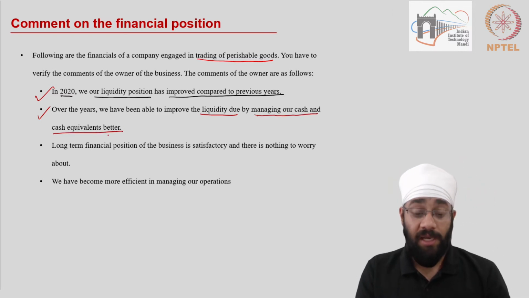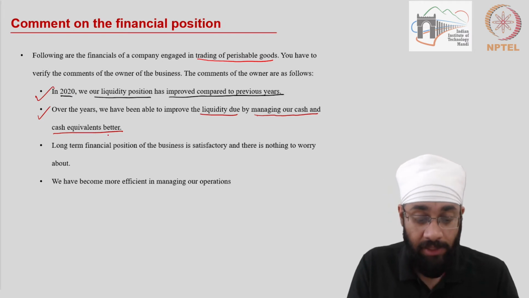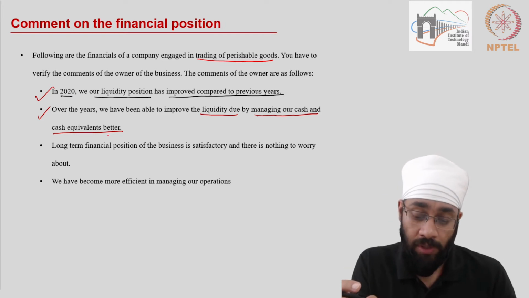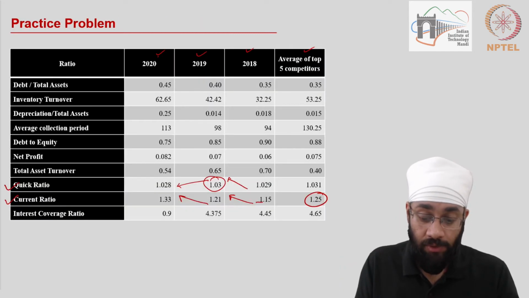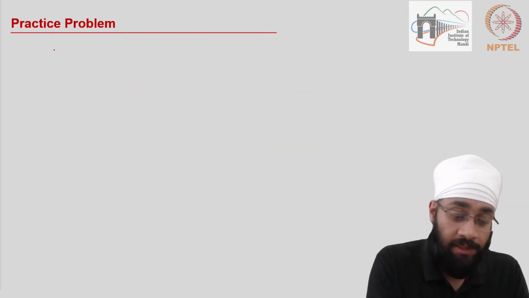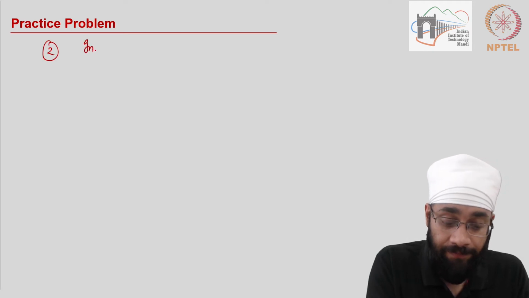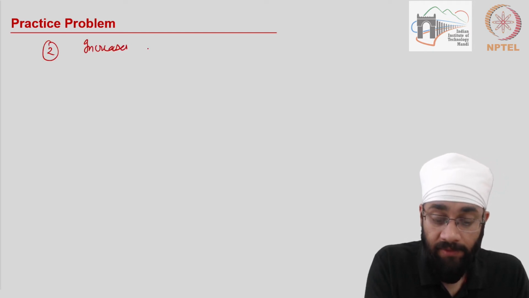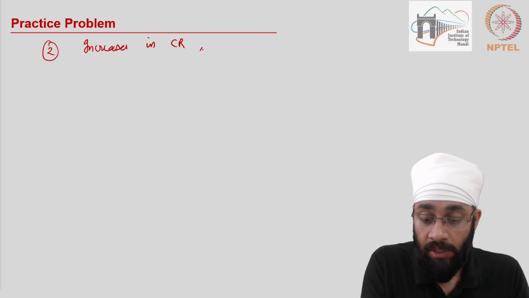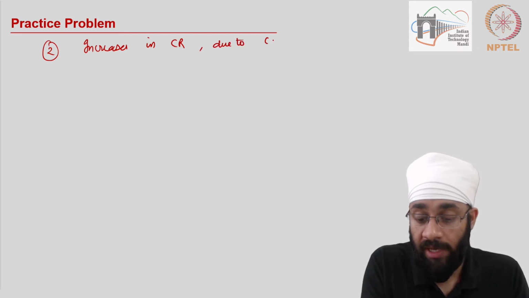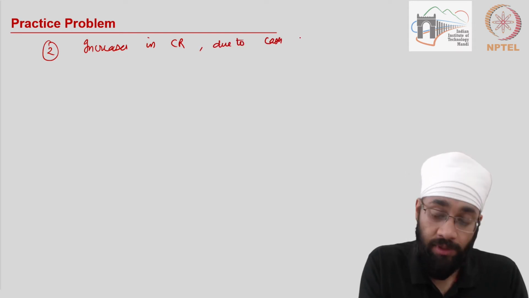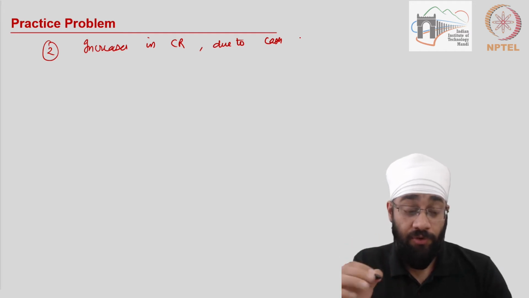So it's assigning the improvement in the current ratio to the cash and cash equivalents. So what it is saying is the increase in current ratio is due to cash and cash equivalents. All right, is this true?